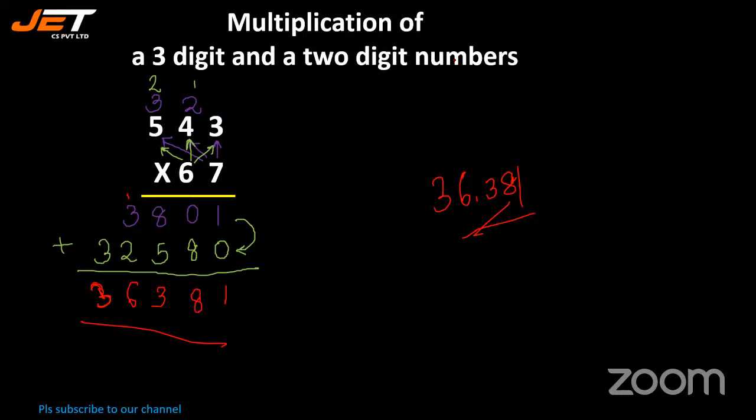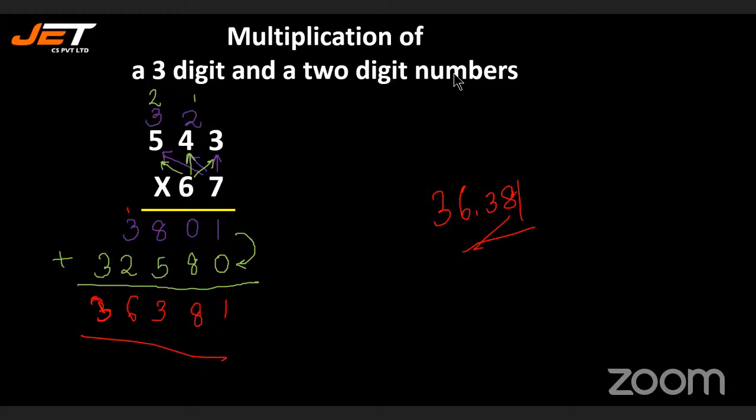If you got this answer, that means you are doing a great job. And if not, dear children, no problem. Please try to understand the concept which I told you. The steps are very clear. First, you have to multiply with the first number, then the second number. And when you are moving to the next line, you have to put a zero there.